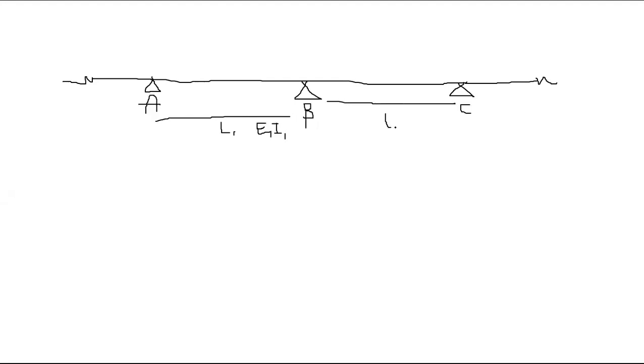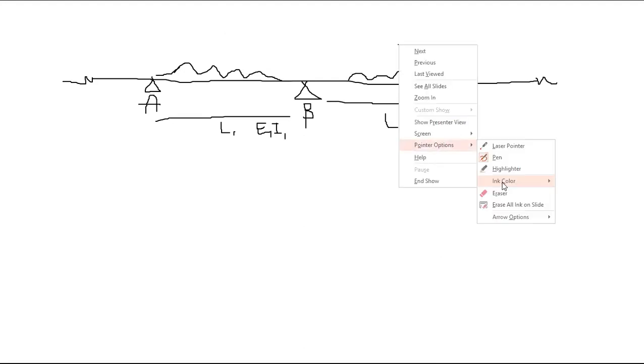So let's say this is L2 and this is E2, I2. So this shows some different loading, let's say like this, okay? So it completely has different loading.